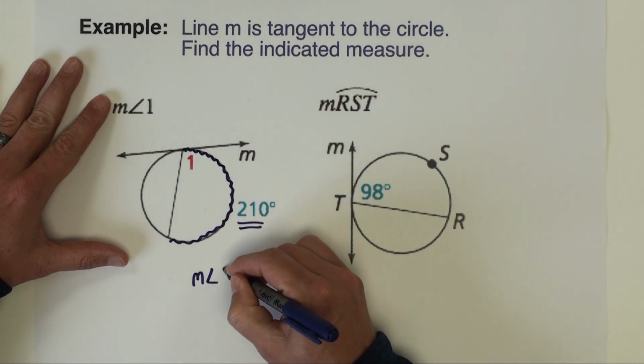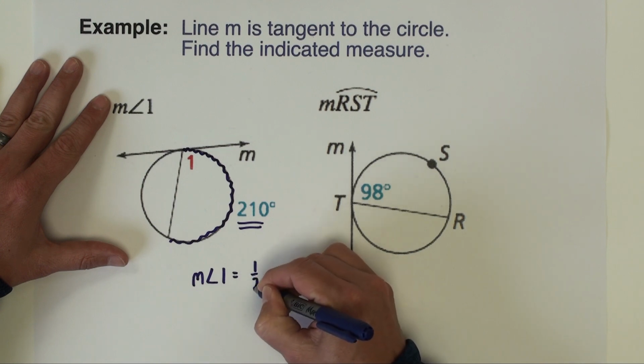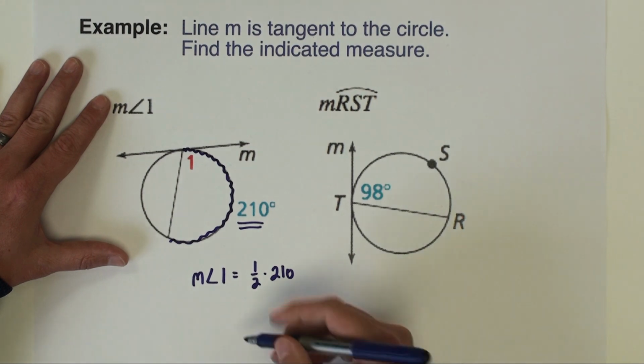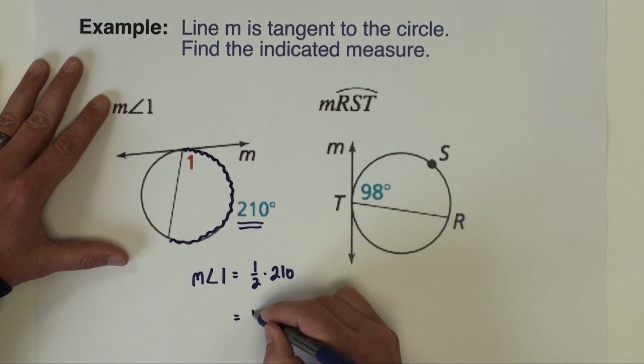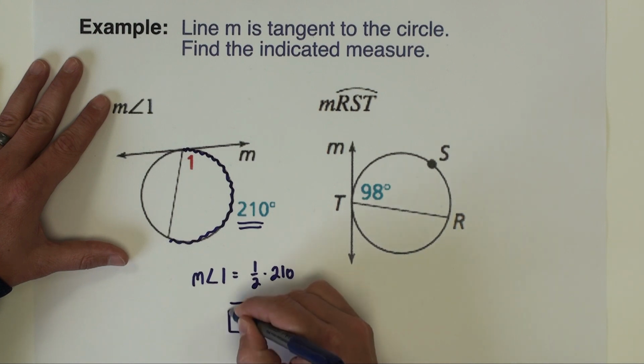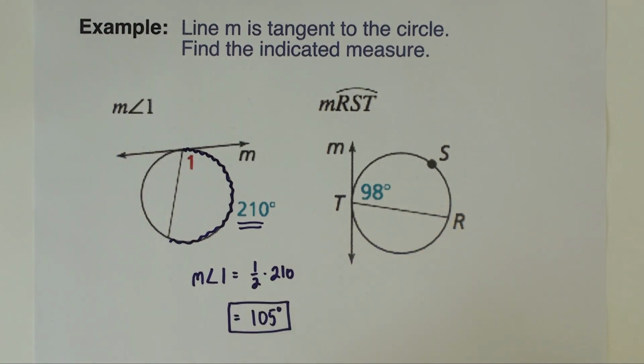The measure of angle 1 has to then be half of that intercepted arc, half of 210. So the measure of angle 1 equals 105 degrees.